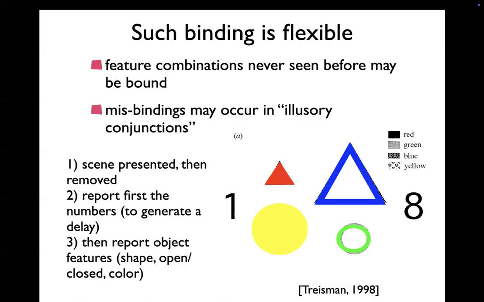This notion of binding in psychology has a long history and plays quite an important role in higher cognition. One reason why it's considered an important issue is that it is not a strict, purely feed-forward feature extraction operation. It has more flexibility than that. That means you can potentially bind into objects feature combinations that you never saw in that form before.